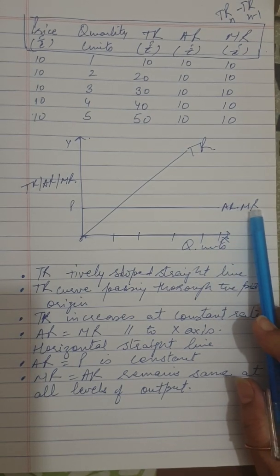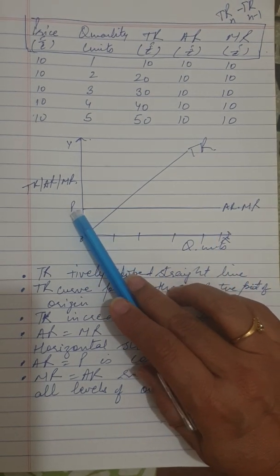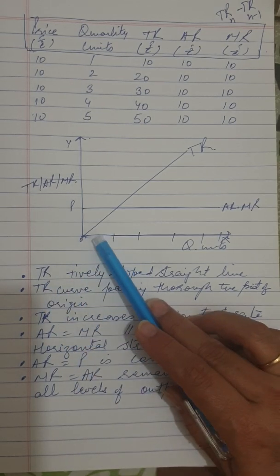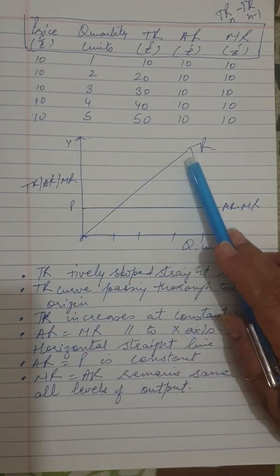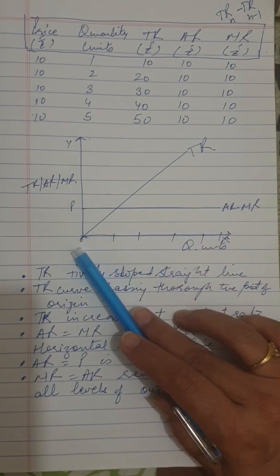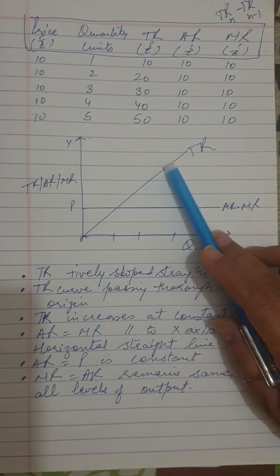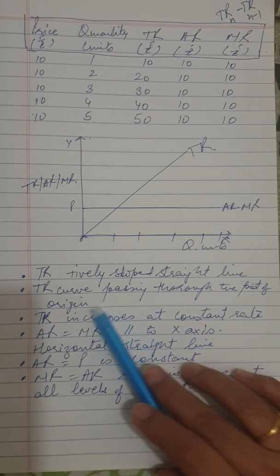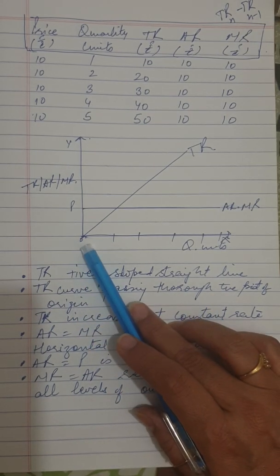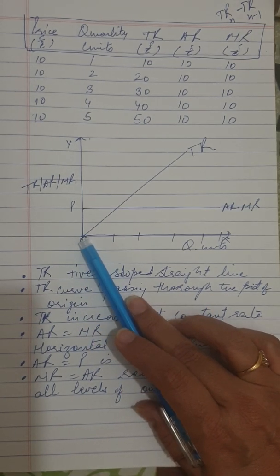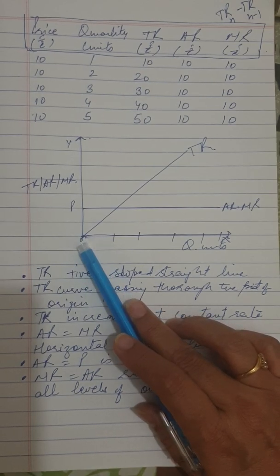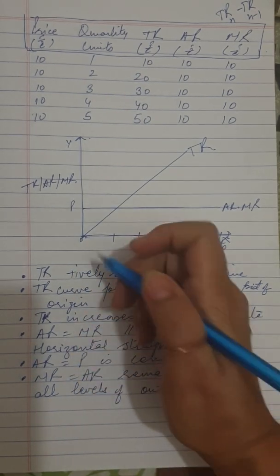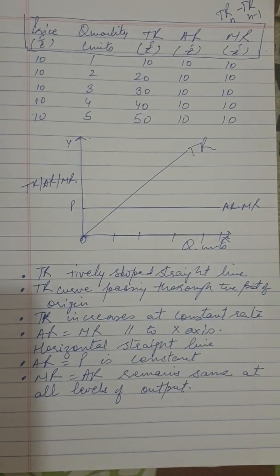Due to fixed price, TR increases at a constant rate and starts from the point of origin. When nothing is sold, TR is equal to 0.